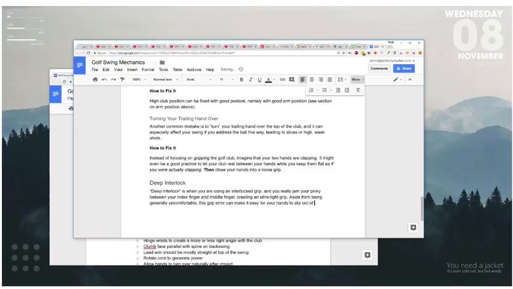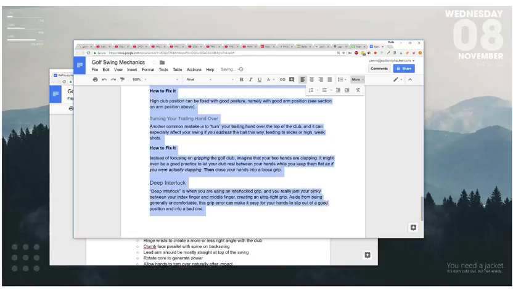To slip out of a good position and into a bad one.